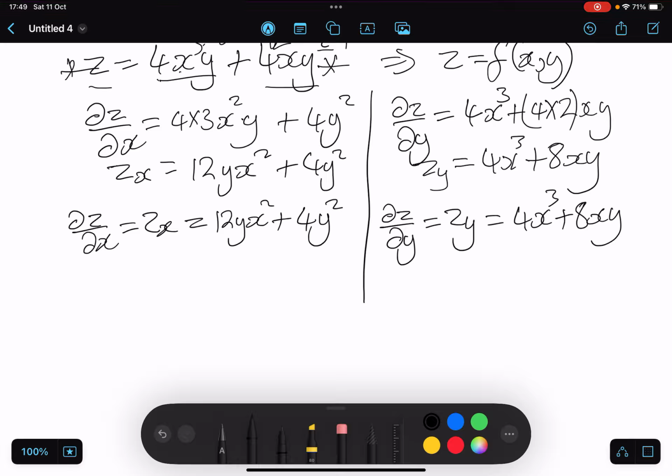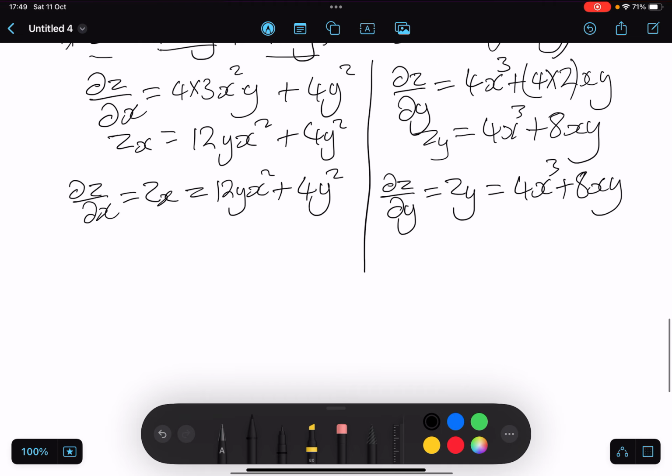So now we need to find the second derivative of this, right? And when you're finding the second derivative, we know that we need to have 4, right?